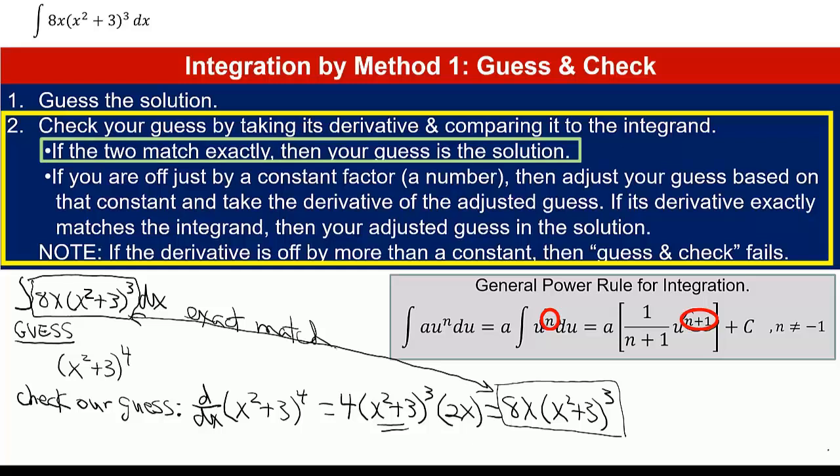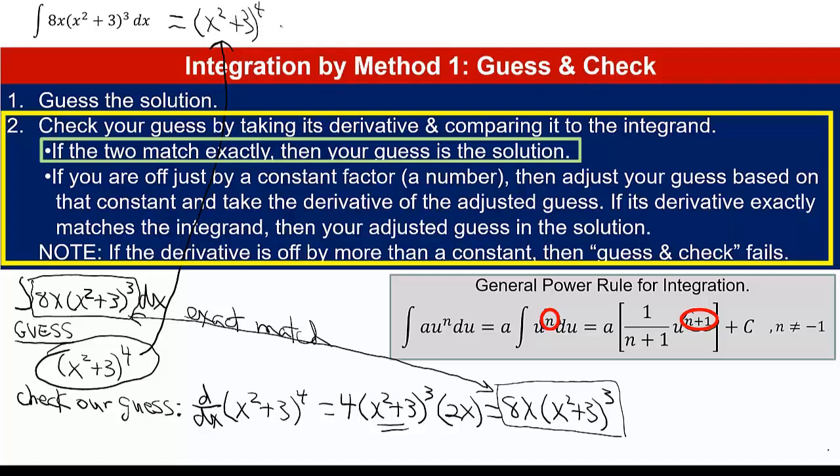When there's an exact match, that tells us immediately that the integral that we guessed is, in fact, the correct answer. So when the first guess actually works, the answer is the guess, which in this case was the base x squared plus 3 all raised to the 4th power.